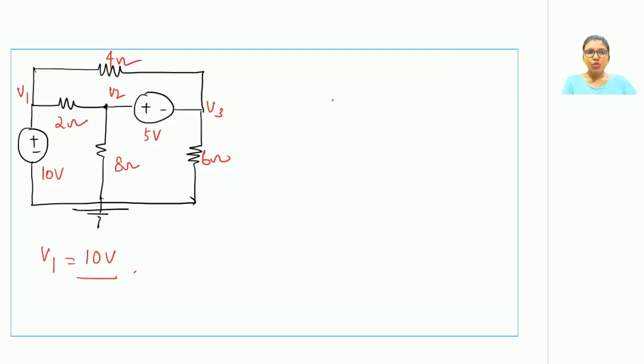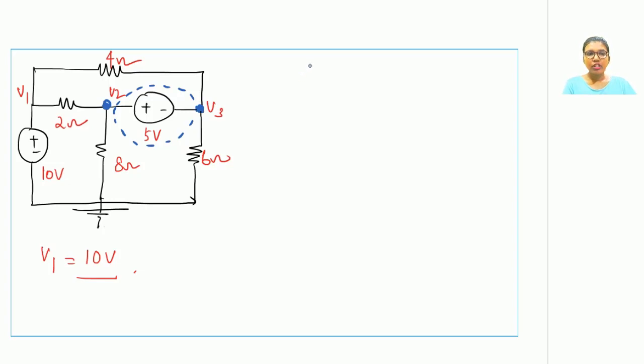Now by the term supernode, one can mean it is a bigger node. Super, so it's a bigger node. When one encounters a condition of supernode, in that case, one has to consider V2 and V3 as one node. I'm repeating this part once again.